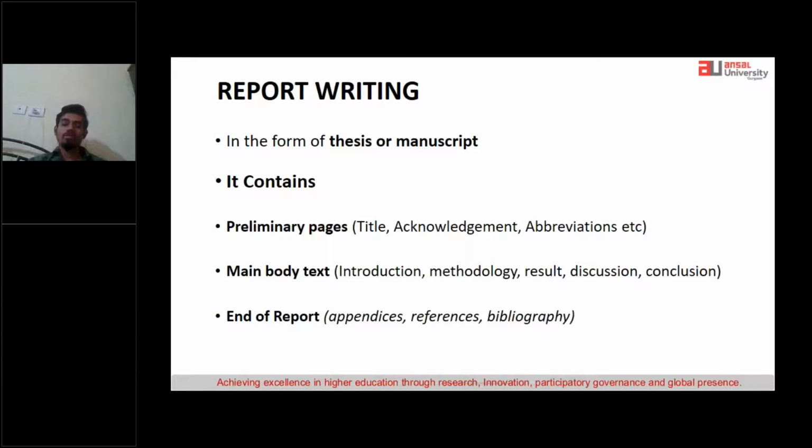Manuscript writing also depends on the journal. If you are publishing in a specific journal, you have to follow the guidelines given by that journal. But any common manuscript will contain these aspects: preliminary pages, main body text, and end of the report.